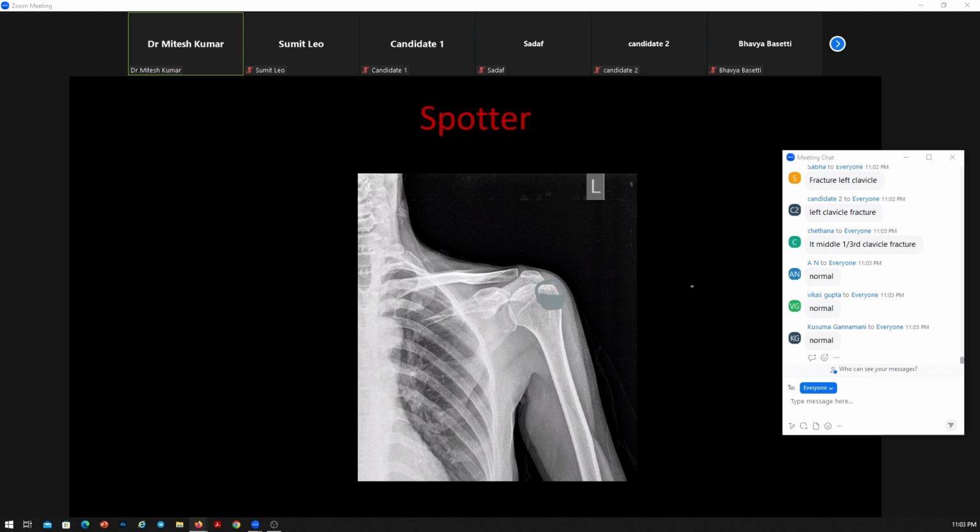Yeah, it's a normal X-ray, but I have made something here. Please concentrate on this part. I have drawn something here.